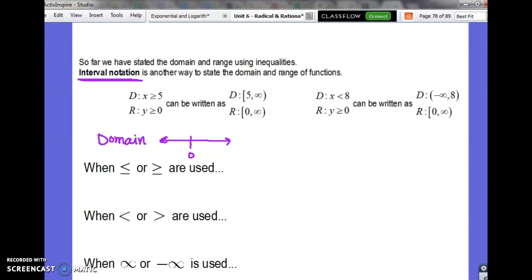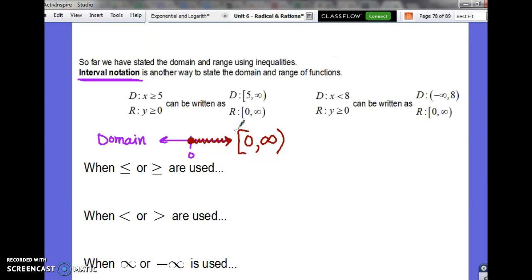So if you think about graphing that on a number line, you would have had a dot or a closed circle at 0 and then shaded to the right. So in interval notation, what that means is we start at 0 and we go forever to infinity in the right-hand direction.